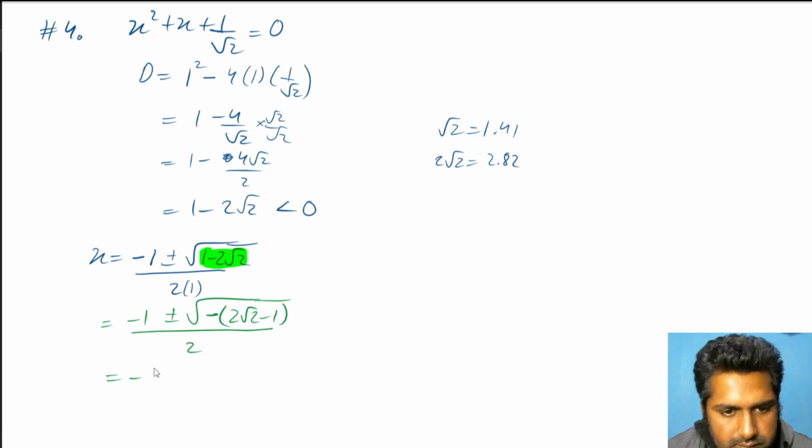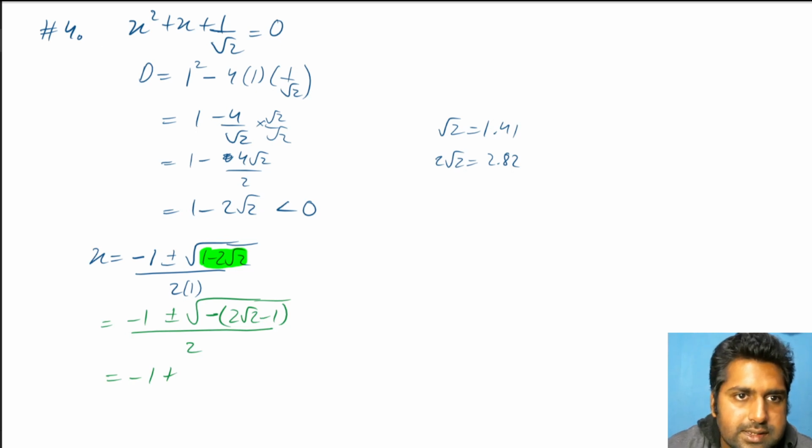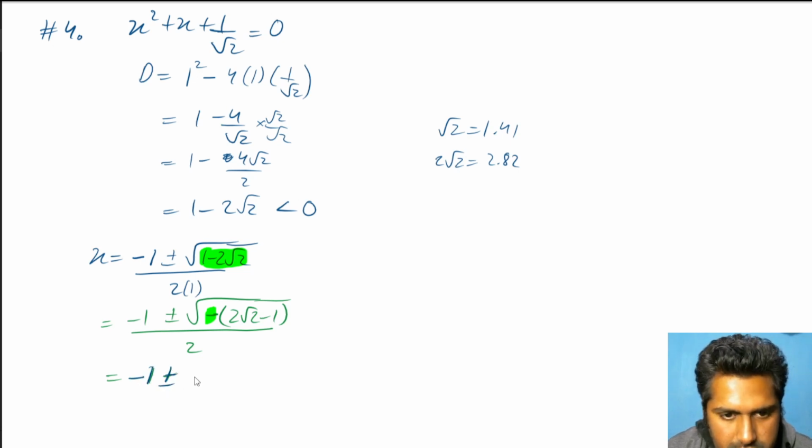And because of this negative inside the square root, you can write iota. So minus 1 plus minus square root of 2 root 2 minus 1 iota upon 2.